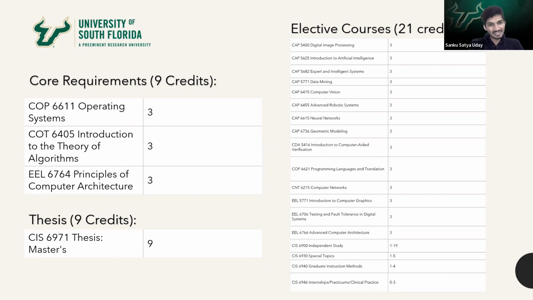In the principles of computer architecture, you would learn the 8086 microprocessor in the bachelor's degree, but in the master's you would learn i7 processor architecture internals. It would be very challenging, especially as many students struggle in principles of computer architecture and operating systems at my University of South Florida.